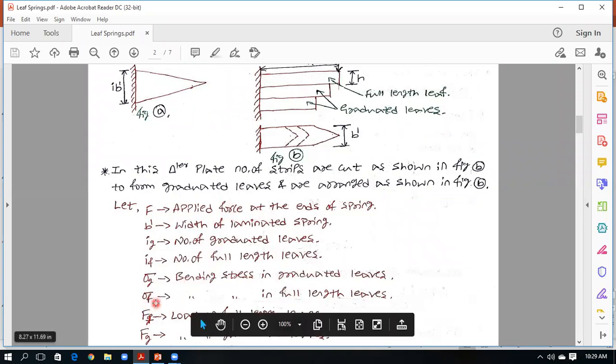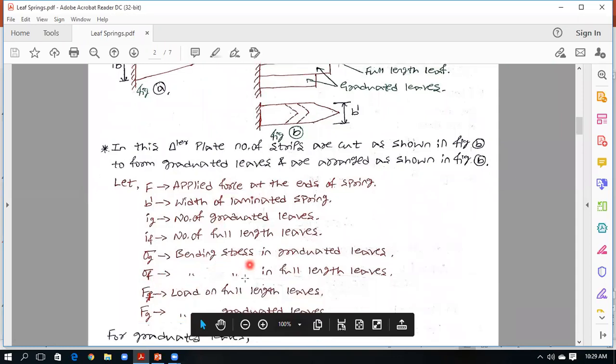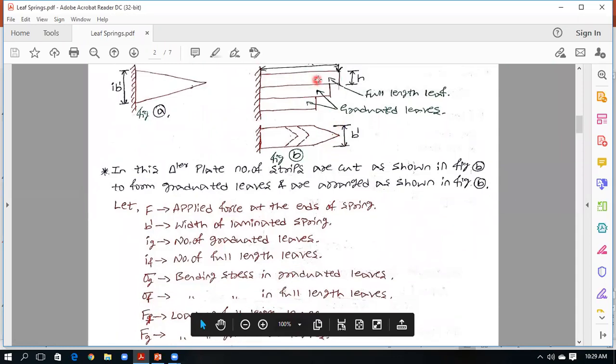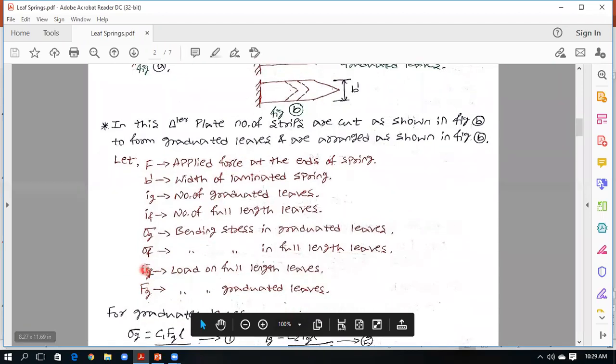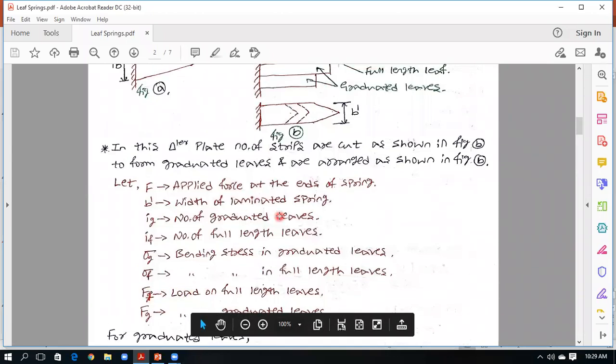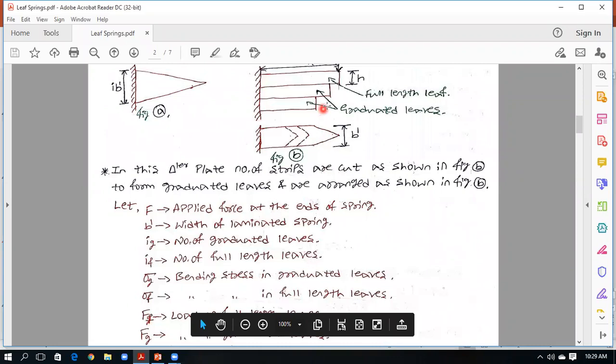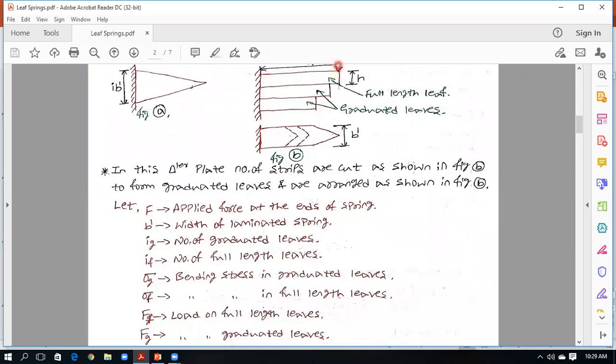Similarly, sigma f is the bending stress in the full length leaf, and small f is the load on the full length leaf. Whatever the load acting on the leaf spring, some of the load will be taken by the full length leaf, and some by the graduated leaves.